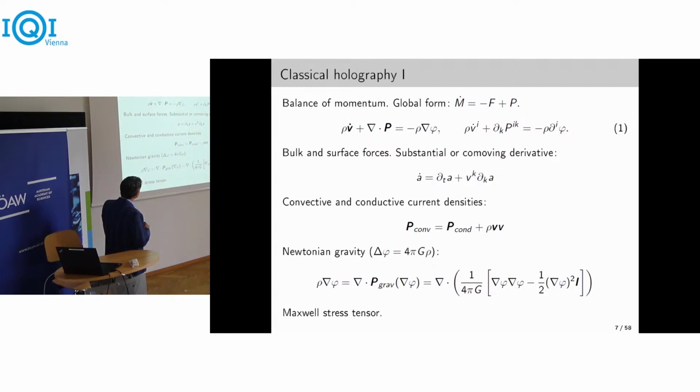Therefore, for gravity, surface and bulk forces are equivalent. So you can take any, let's say, surface around the gravitating object, and then you can calculate the forces for a test particle inside.